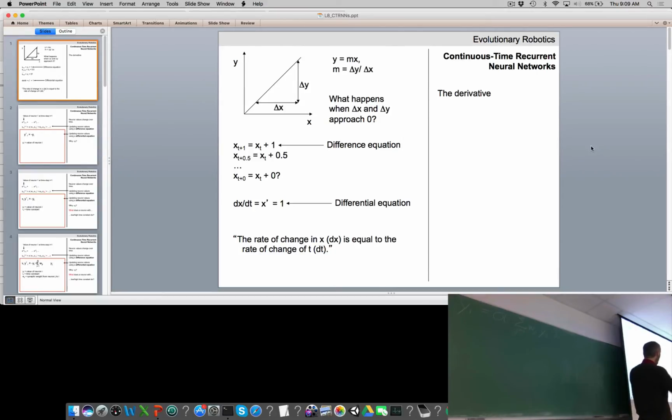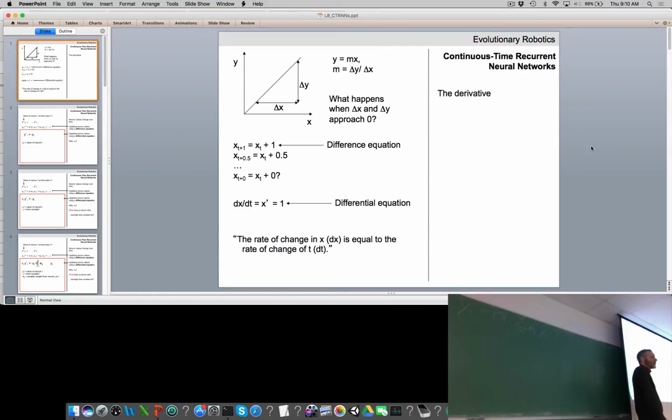Okay, we can use this difference equation where we're writing the new value at a new time as a function of what it was before plus something else. But this doesn't make much sense when delta t approaches 0, right? So now our difference equation says x, the vertical axis here, isn't changing at all. But we can tell from this picture that x definitely is increasing over time.